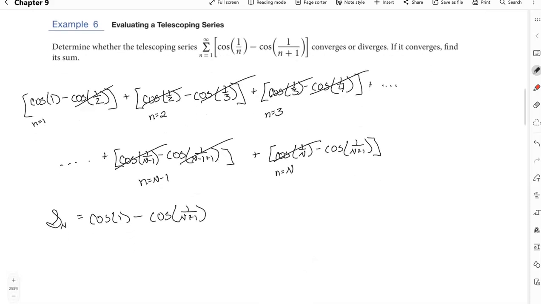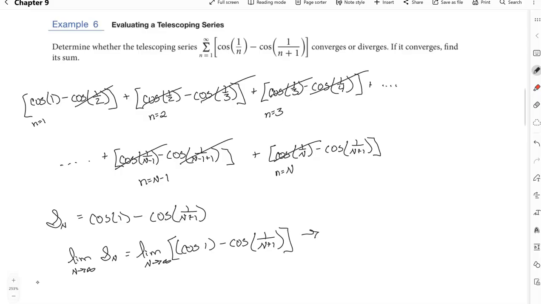So now we're going to take the limit as n goes to infinity of s sub n. We want to know what's happening. So we have cosine of 1 minus cosine of 1 over n plus 1.